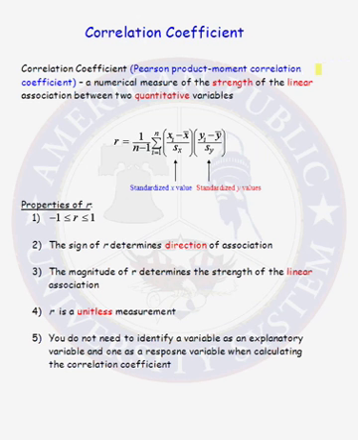It is a numerical measure of the strength of the linear association between two quantitative variables. If there is a quadratic relationship between the two quantitative variables, the correlation coefficient will not tell you the strength of that relationship. The correlation coefficient only tells you the strength and the direction of linear relationships.